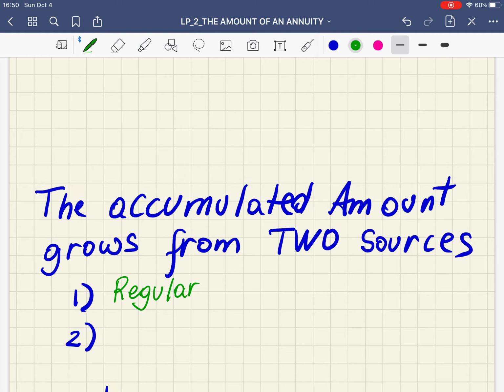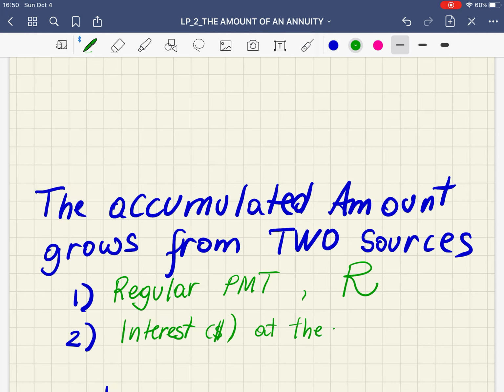So there will be two sources from where the annuity will grow. The regular payments that you will make, and by the way, this is indicated by uppercase R, and the interest earned, so the money earned from the interest, right? Earned at the end of every compounding period.